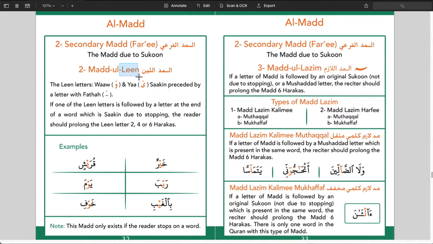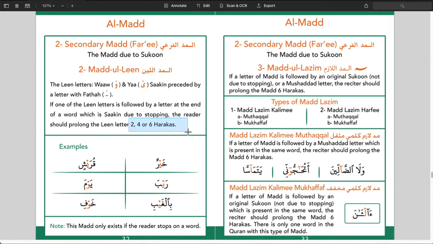So remember the Leen letters, we have two, aw or ay. This is Leen. Okay, if one of the Leen letters is followed by a letter at the end of a word which is sakin due to stopping, the reader should prolong the Leen to 4 or 6 haraka.